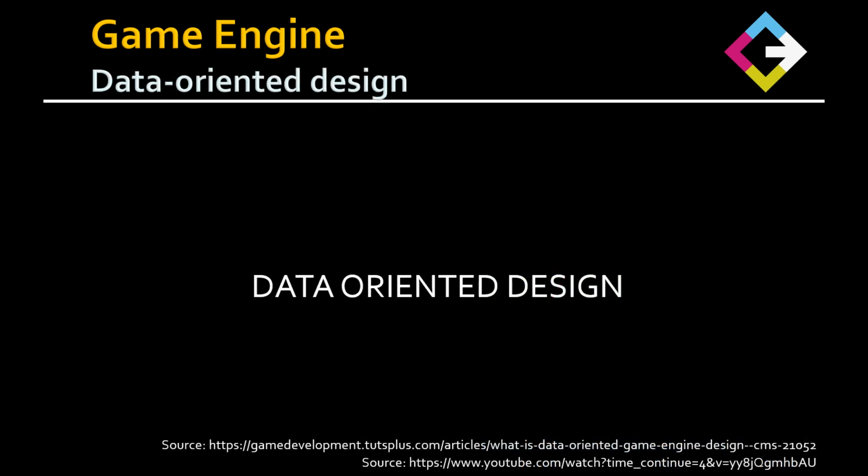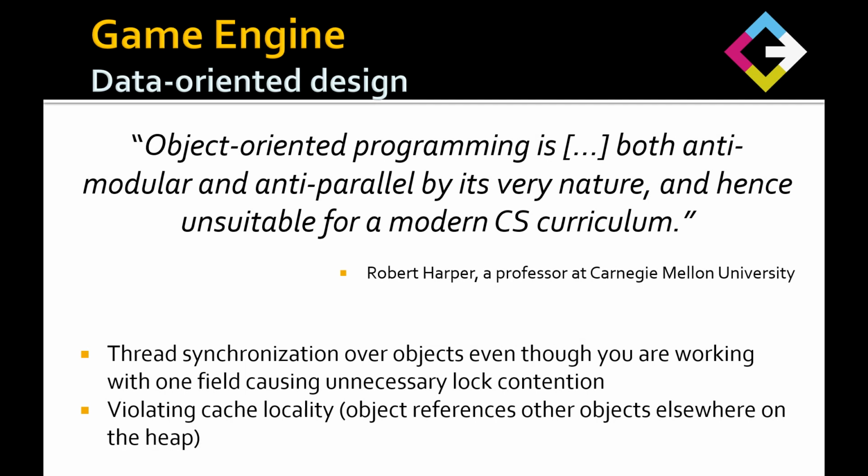Connected to these low-level issues of CPUs and memory caches, a new type of game object organization has been emerging. This is not connected directly with the game loop, but more with how you structure your gameplay objects. A professor from Carnegie Mellon University once said that object-oriented programming is both anti-modular and anti-parallel by its very nature, and hence unsuitable for a modern computer science curriculum.